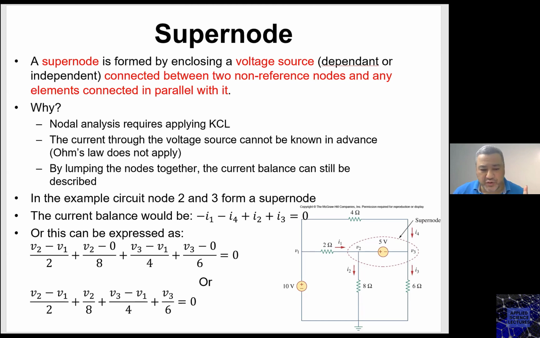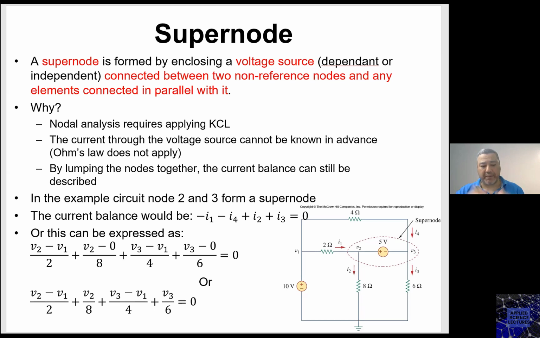I did not say V2 is positive. What I said is that the 5 volts created a binding expression between V2 and V3, such that V2 is greater than V3 by 5 volts.